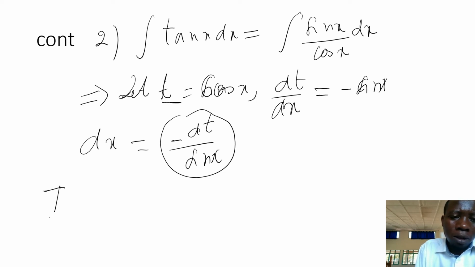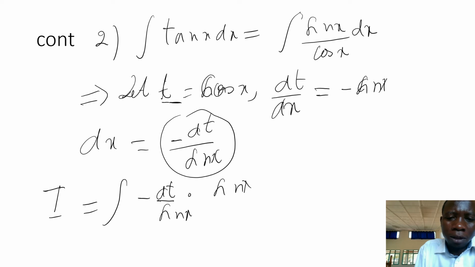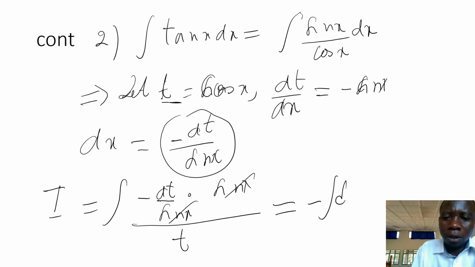So our integral will become cos x over t times dt over cos x, which will be dt over t, which is ln t plus c.